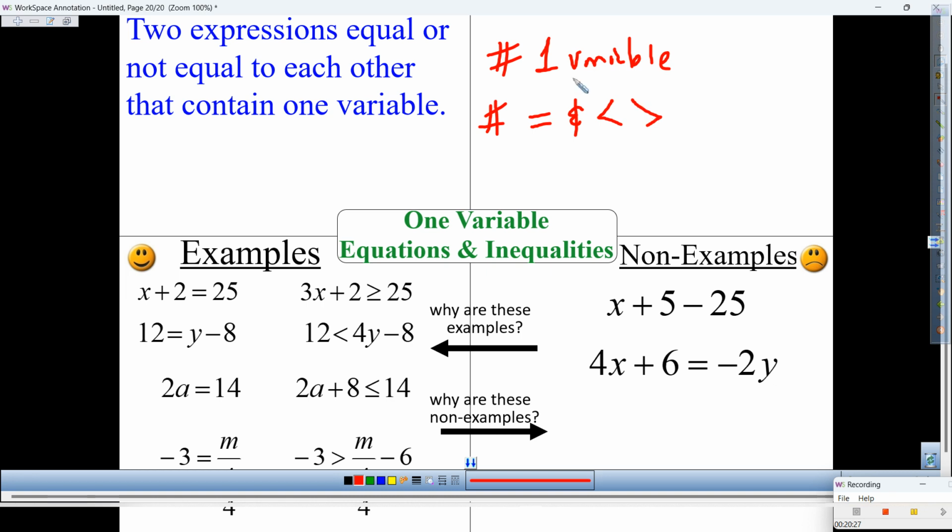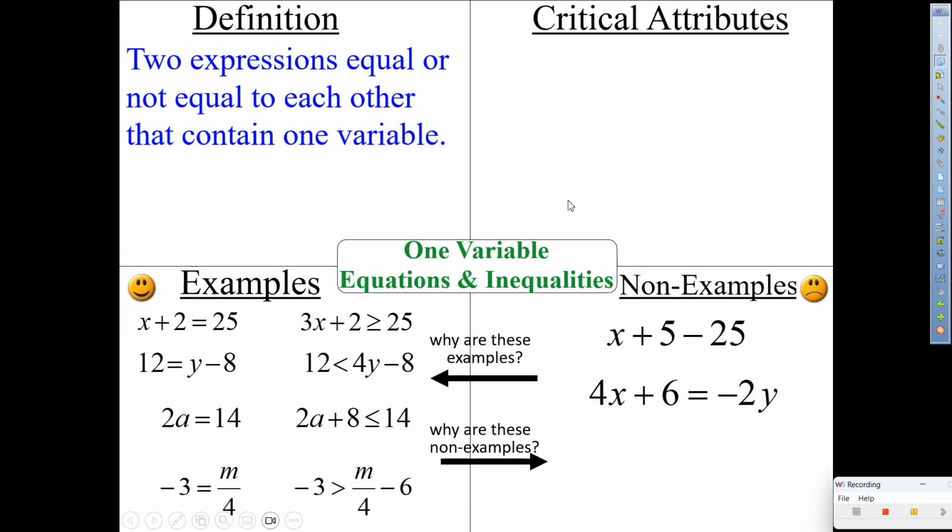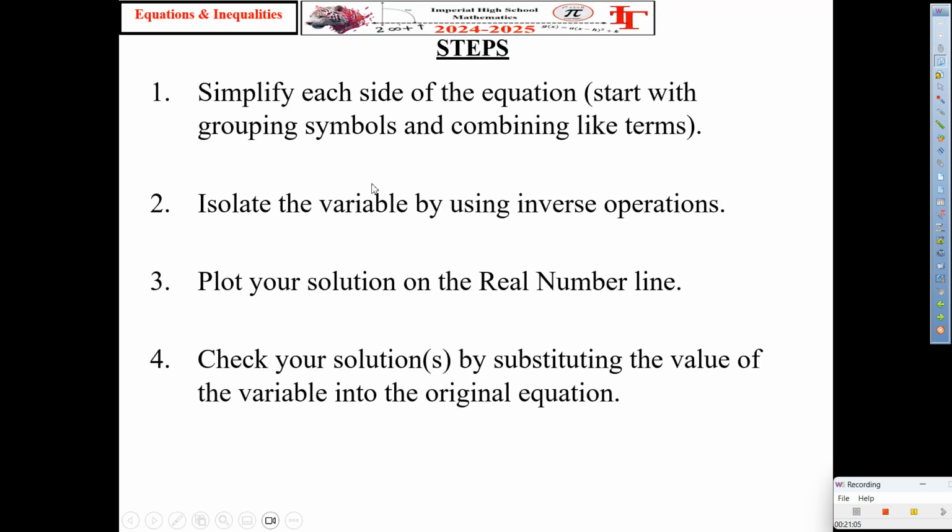So, with that said, now that you have the notes, this is the process that we're going to use today. Ready? Don't copy this. We have simplify each side of the equation, because there are expressions on each side, right? Isolate the variable, that means leave the variable by itself on one of the sides.